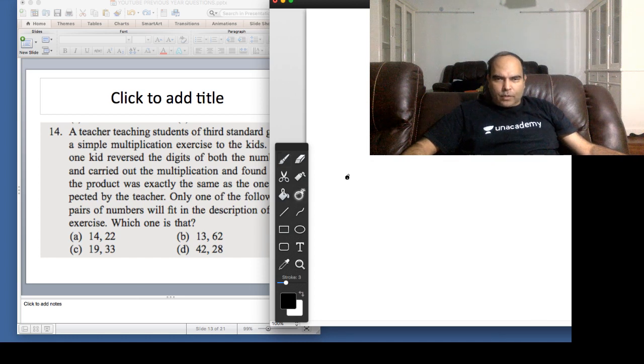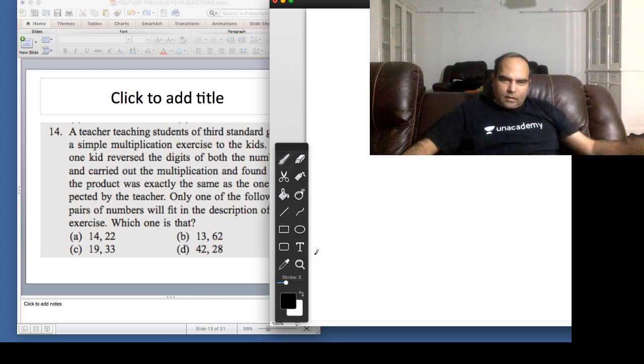Since this is an option-based question, the best thing to do is simply pick up the options. If you look at the first option, 14 into 22, you'll immediately realize that reversing the digits will make it 41 into 22.